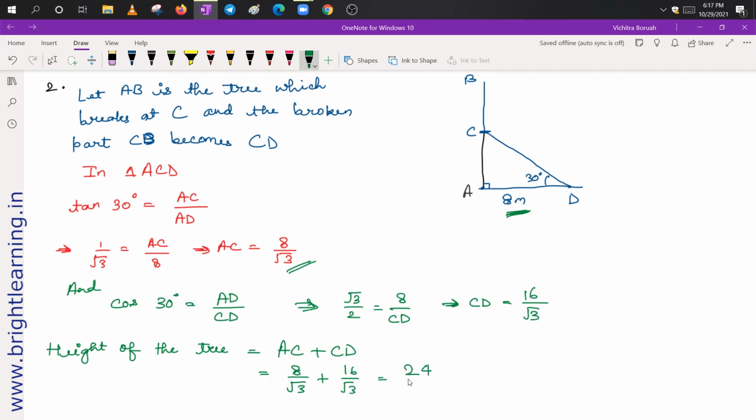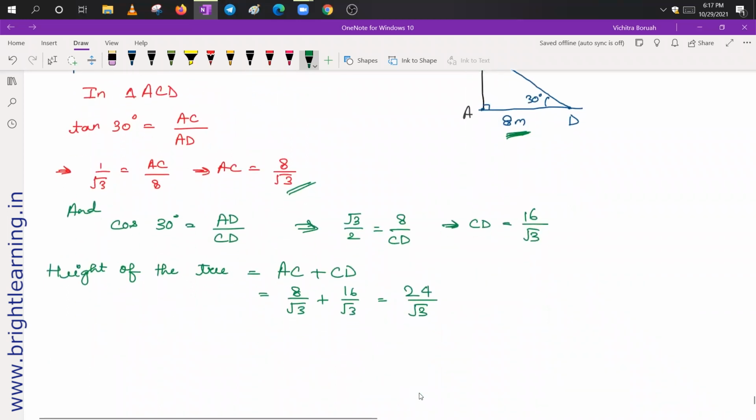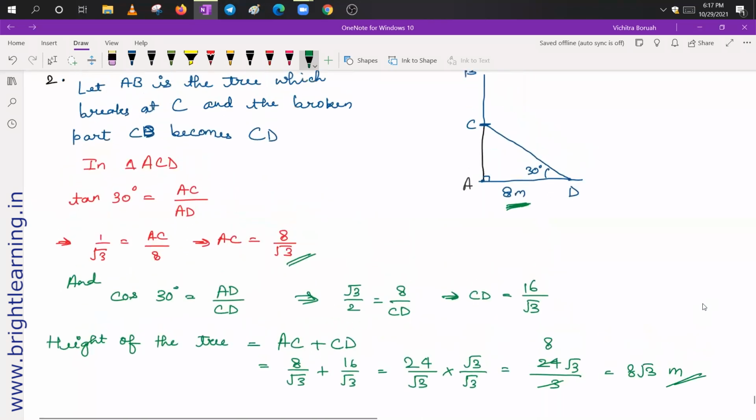So 24 upon root 3. Okay, and you can further rationalize it also. If you multiply both the numerator and denominator by root 3, you will get 24 root 3 upon 3, and 3 8s are 24, so you will get 8 root 3 meters. So this is the required answer. Okay, this is the required height of the tree.